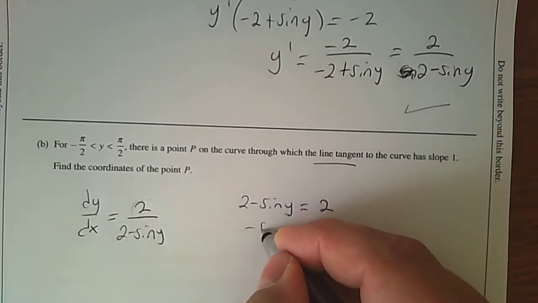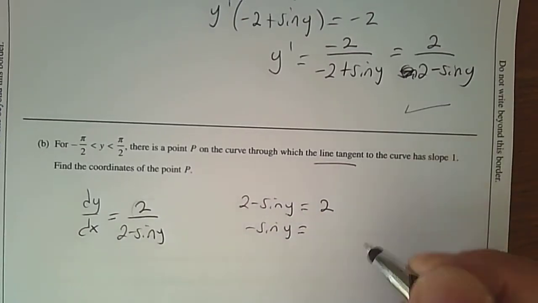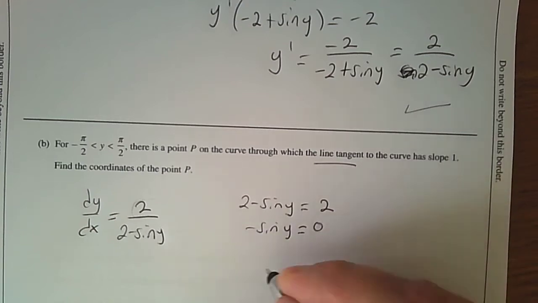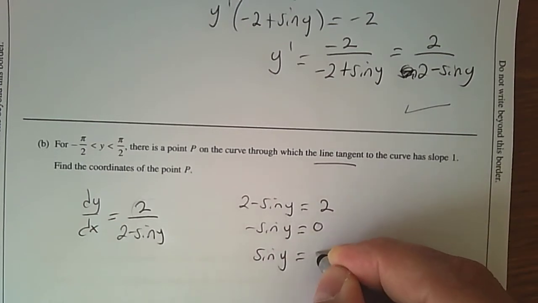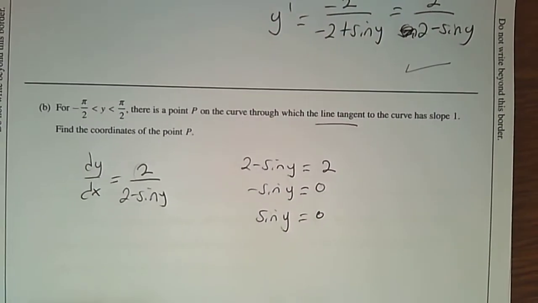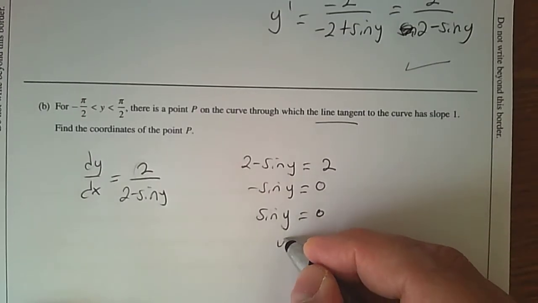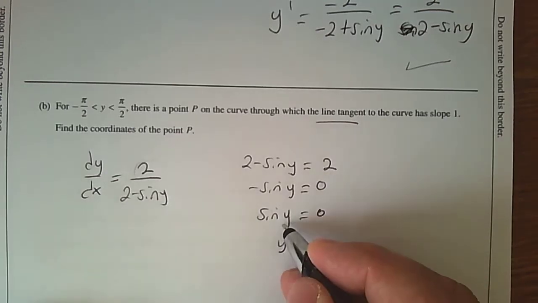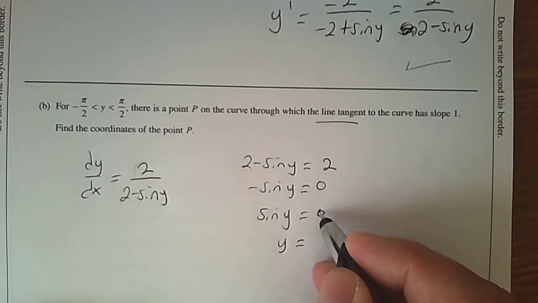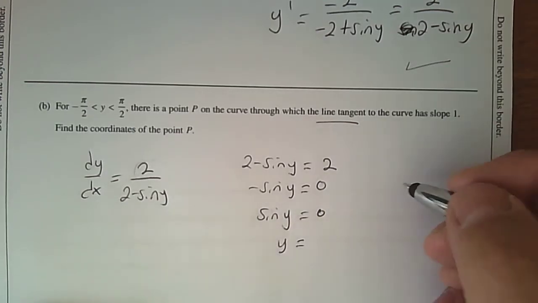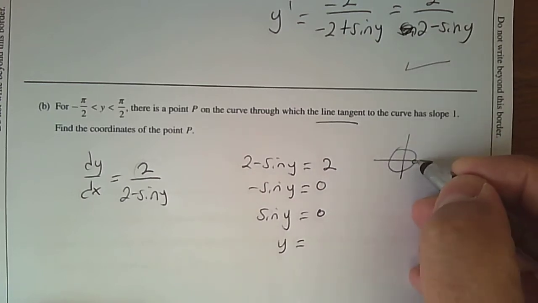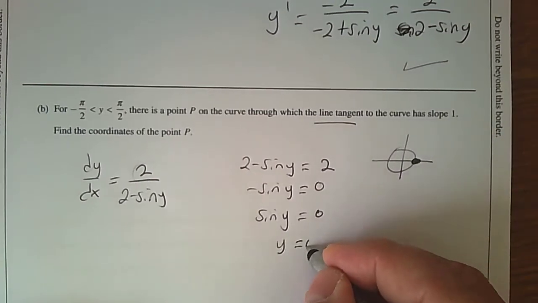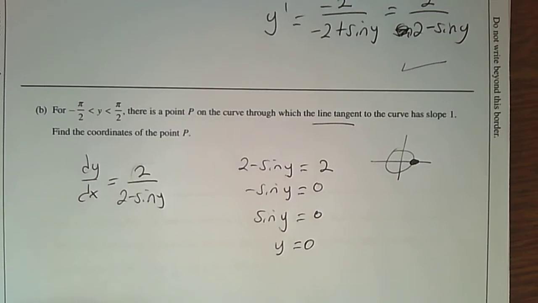I'm going to subtract 2 so that negative sine y equals 0 or positive sine y equals 0, because you can divide by negative 1. And then at what angle is that true? At what angle is the y value 0 for sine? So if you think through the unit circle, the y value is 0 at 0. So y is equal to 0 in that case.